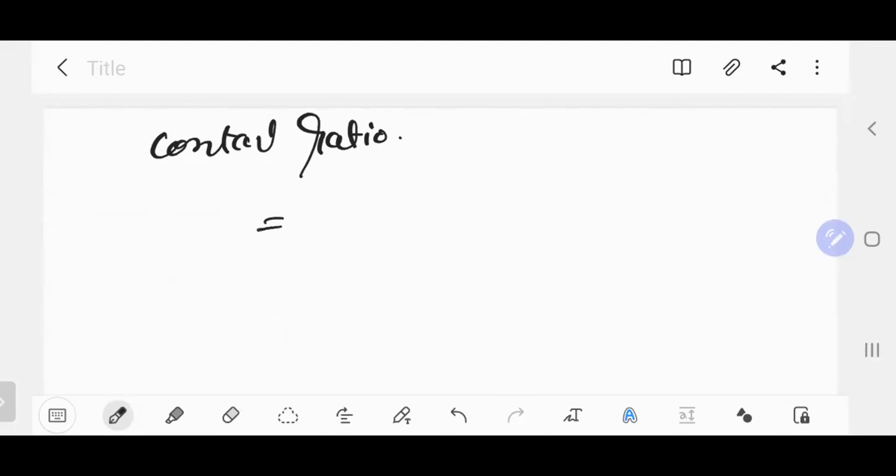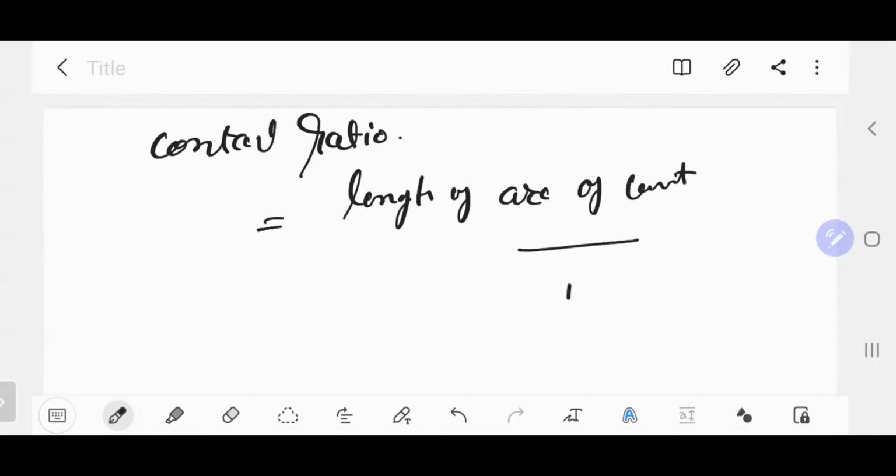Length of arc of contact, divided by or multiply by. Okay, Alfred, very good. So the equation for the contact ratio is length of arc of contact divided by circular pitch.